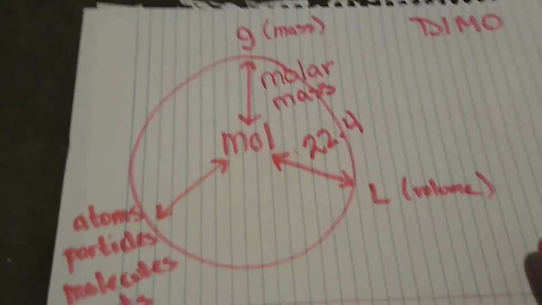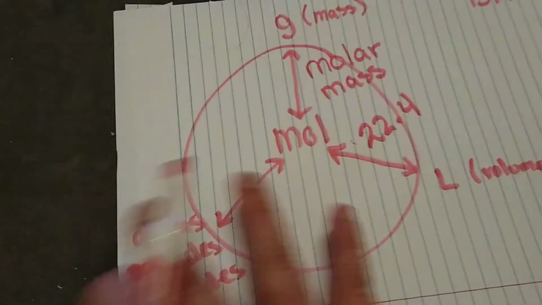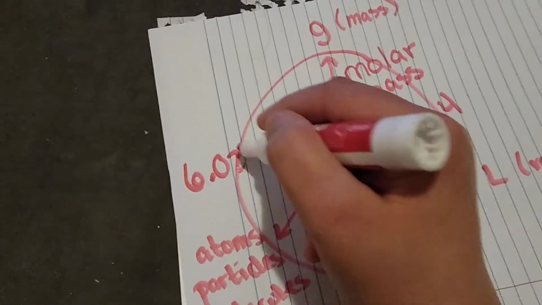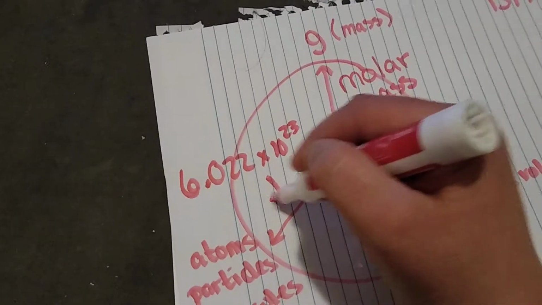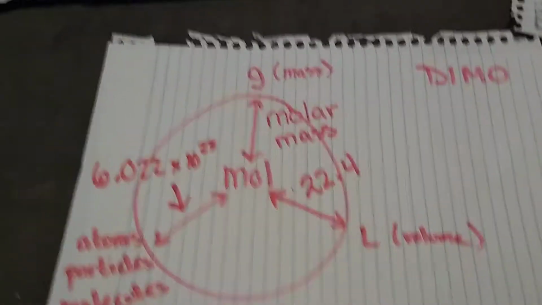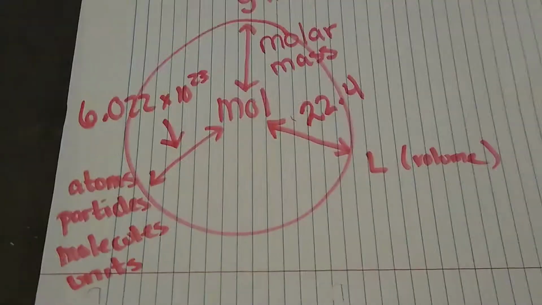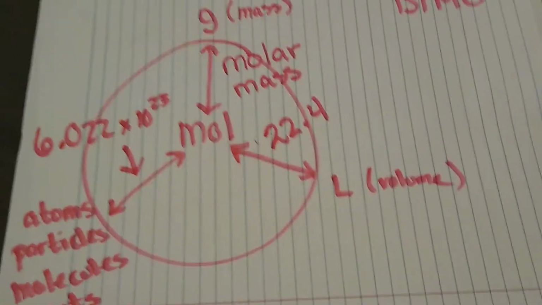A lot of kids think it sounds like avocado. It kind of does. But anyway, we use 6.022 times 10 to the 23rd, and that number goes there. Okay, so that's how we convert between particles and moles, or molecules and moles, or whatever.